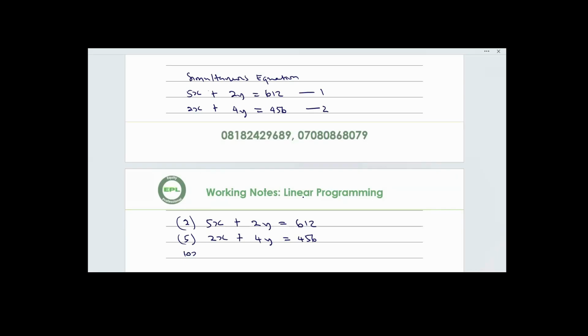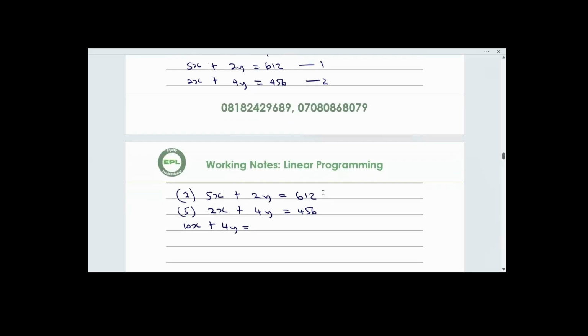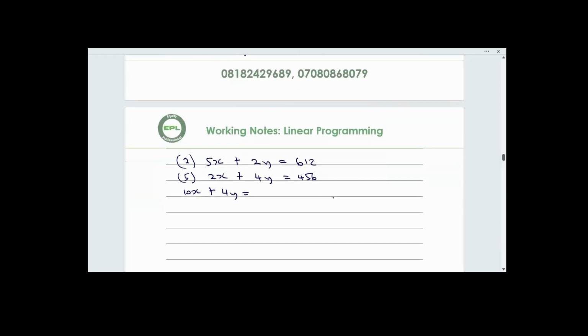So 10x plus 4y equal to 612 multiplied by 2, that's 1,224. Then 10x plus 20y equal to 456 multiplied by 5, that's 2,280.